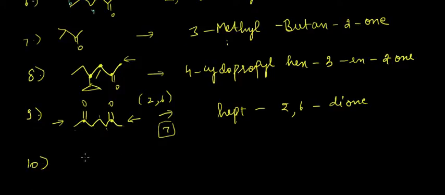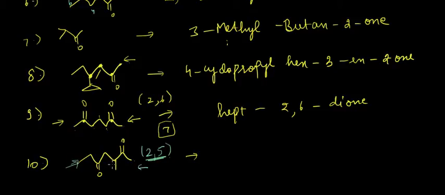Okay, let's see the second last example for this lecture on the nomenclature of ketones. We have something like this. What would be the IUPAC name for this compound? Whether we go from this side or from this side, the keto group is attached at the 2nd and 5th positions.